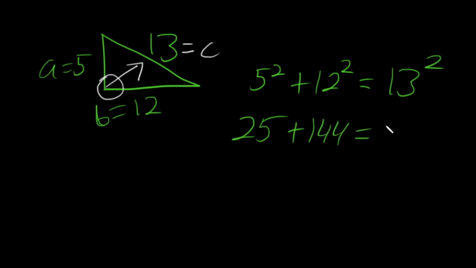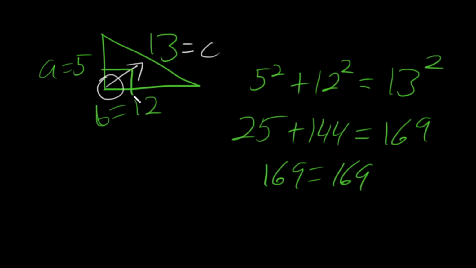And 13 squared gives us 169. 25 plus 144 equals 169. So here we have both sides that equal each other. A squared plus B squared equaled C squared. And therefore, this angle is definitely a right angle, meaning that we have a right triangle.